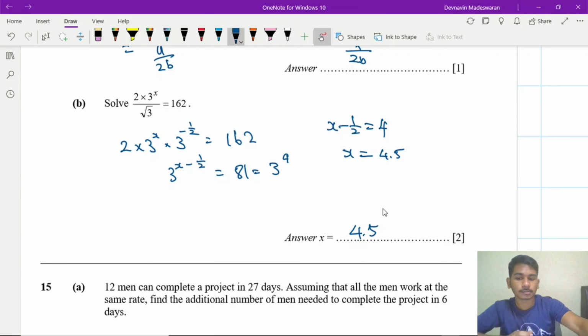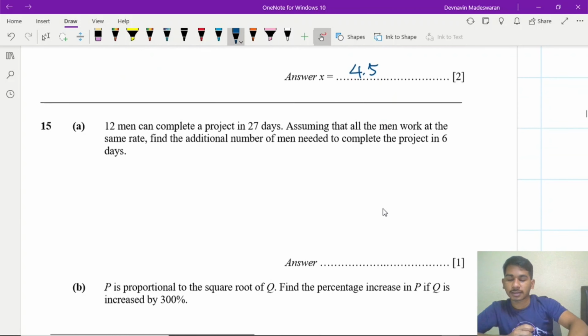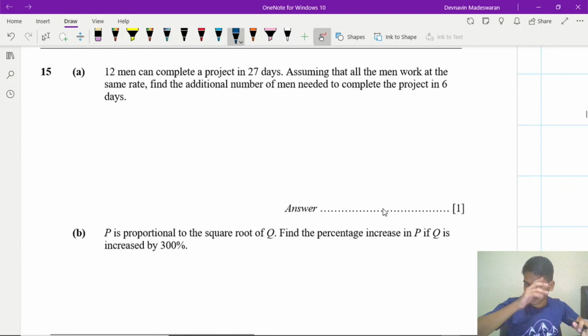12 men can complete a project in 27 days. Previously, I used my own method. I'm going to continue using my own method because I feel like it's a good thing to learn. So the amount of work needed.